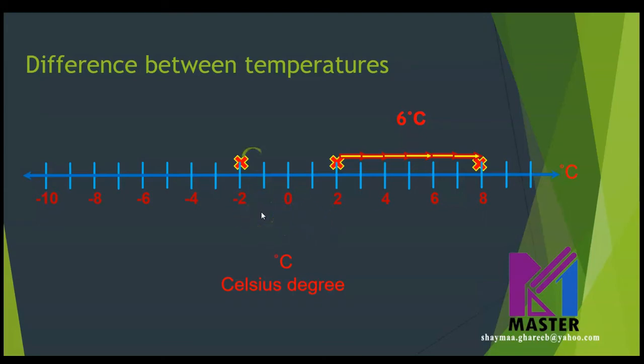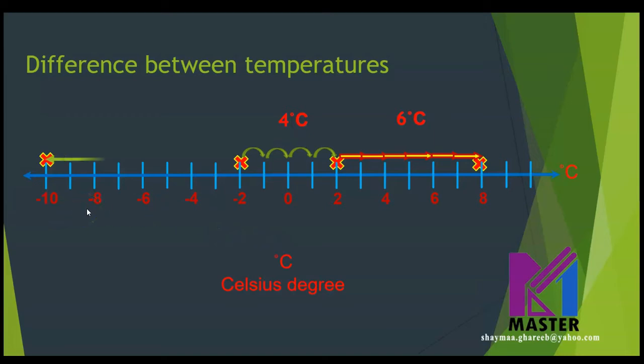Let's count on 1, 2, 3, 4. So the difference between these two temperatures, the -2 and the 2, is 4 Celsius degrees. Let's try another 2. I have -10 and -2. What is the difference between -10 and -2?